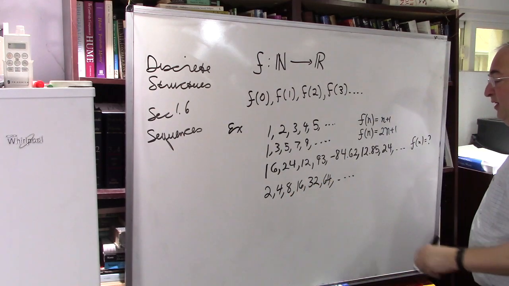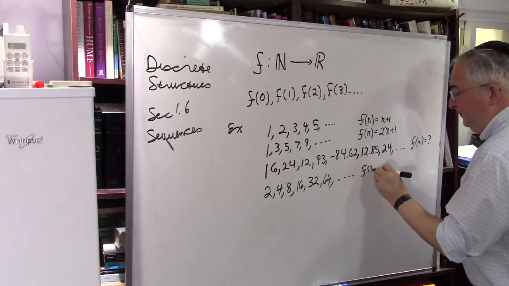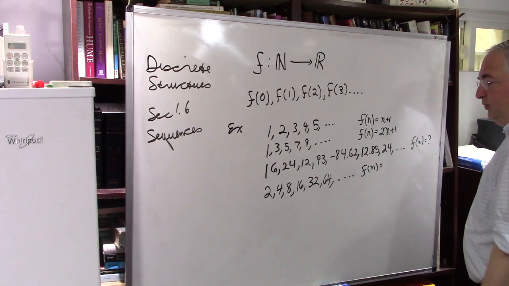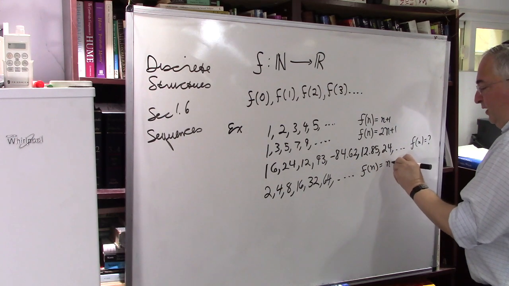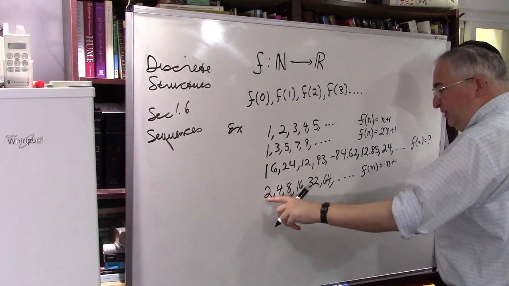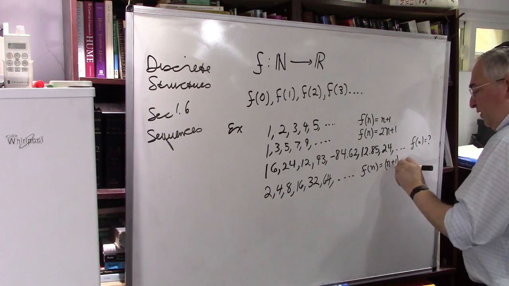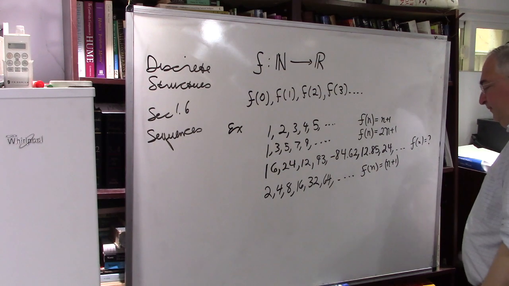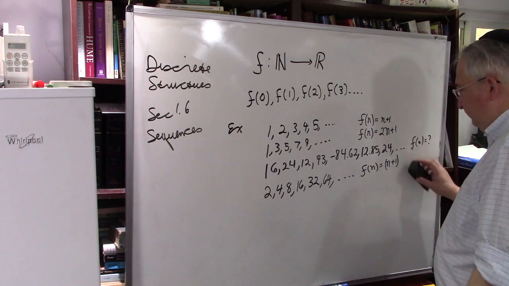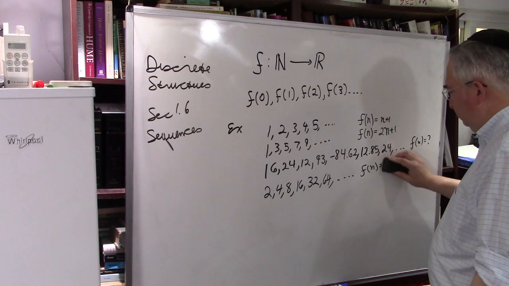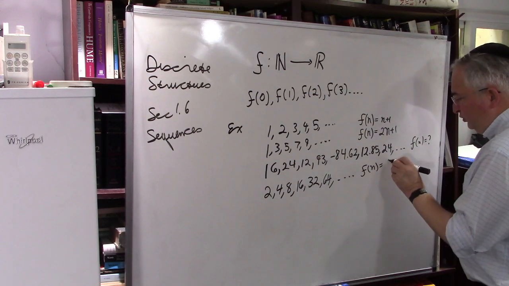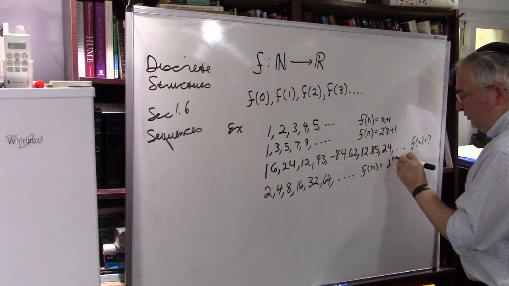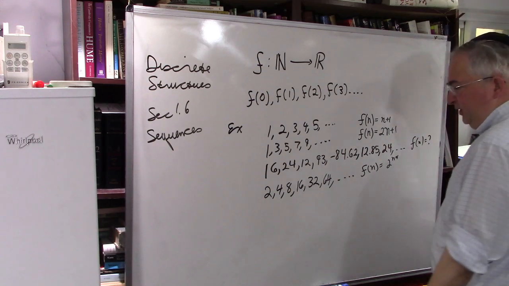Okay, let's do this one. This is f of n is equal to 2 to the n plus 1. Let's make sure it works.